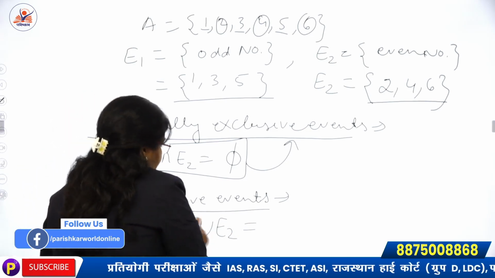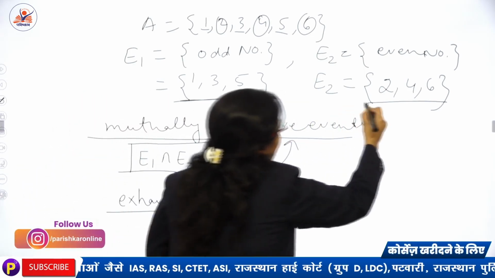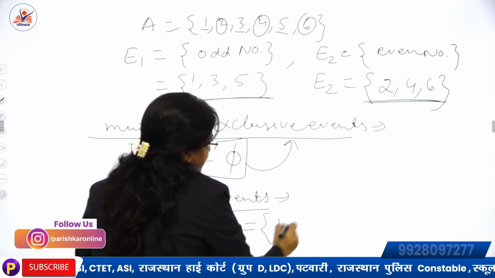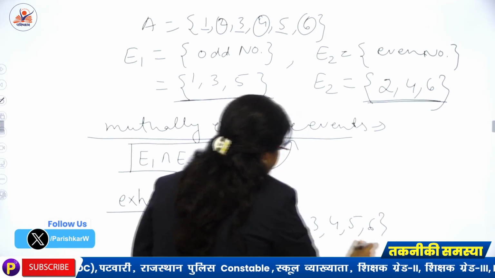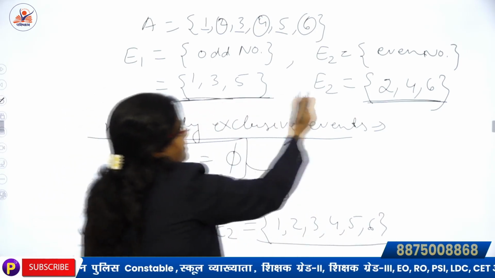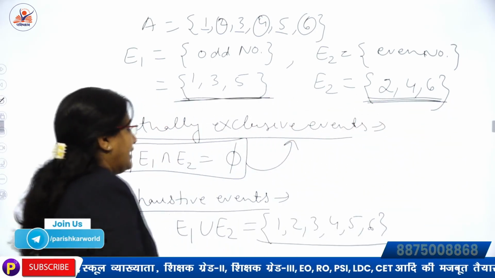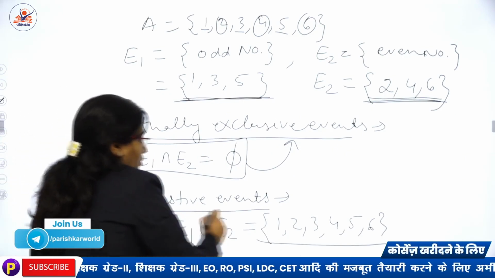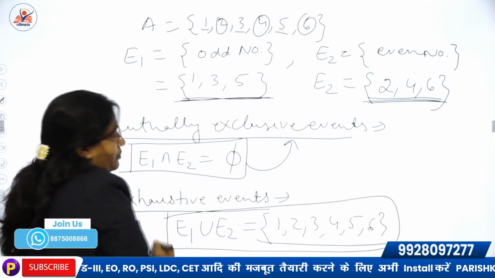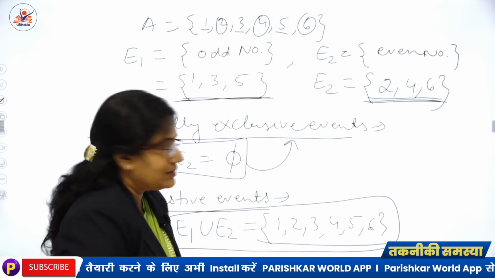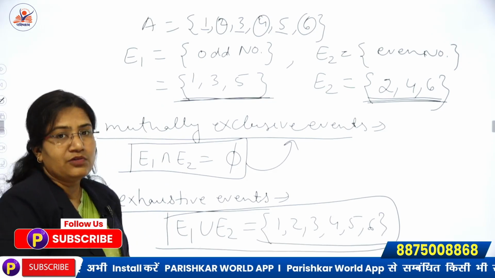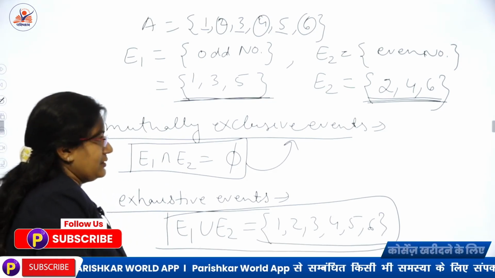Here you can see that the union of both the sets is 1, 2, 3, 4, 5 and 6. Again we get the sample space, because no element is common in both the events. This situation is called exhaustive events. I hope you understand the meaning of mutually exclusive and exhaustive events.